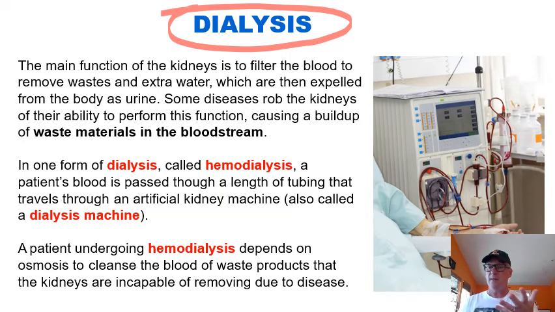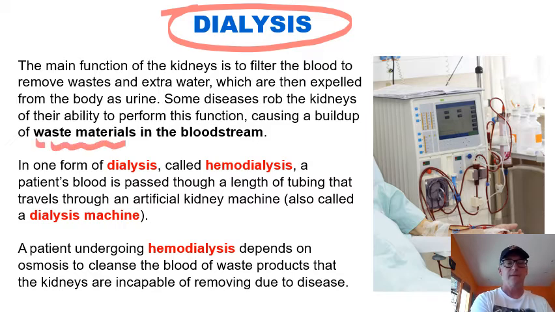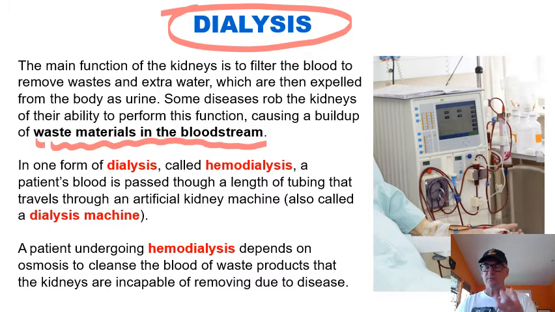And so we know that where the concentration is high, solvent will come in and reduce that concentration. So water will move in and reduce the concentration of those molecules, which then get excreted as waste. So that is how our kidneys function in removing waste and extra water as well.